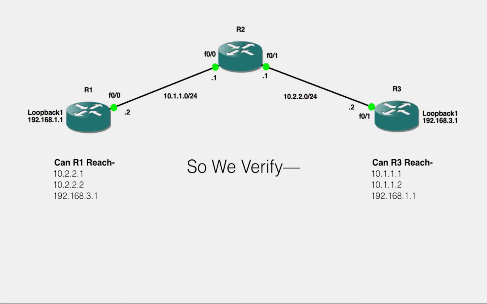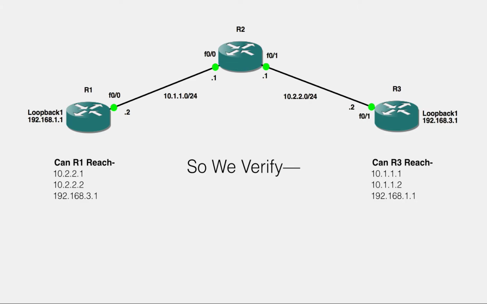So to troubleshoot that, absent the traceroute command, we can use the ping command to test reachability to different places in our network from our routers. For this exercise, we're going to assume that router 2 is configured correctly and that we've got some problem on router 1 and router 3.